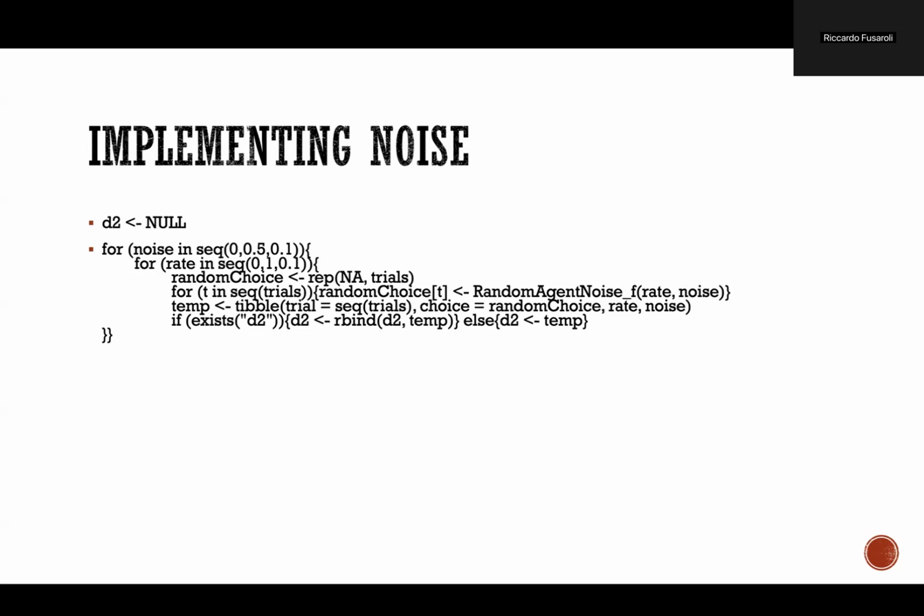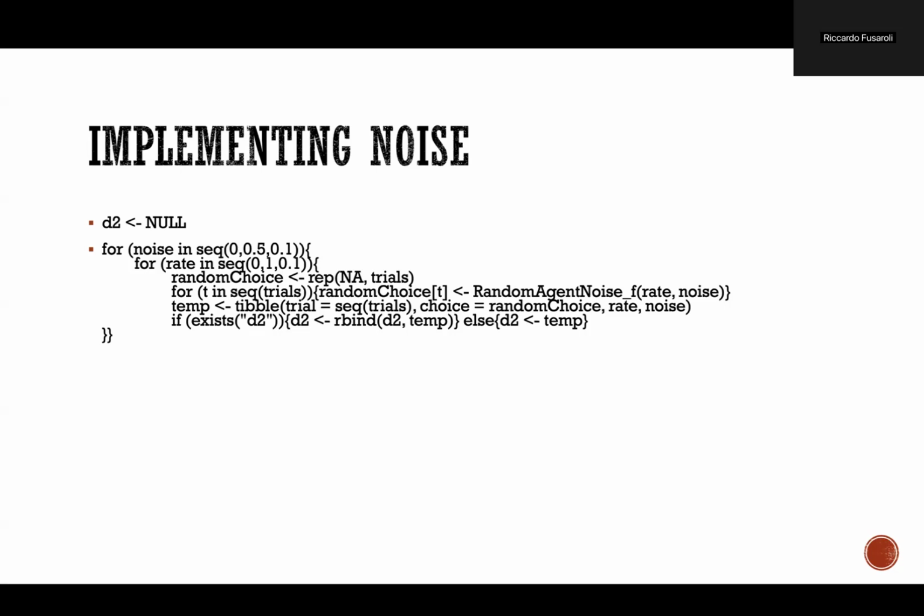It should be exactly like before. It should get up to 0.5. 50% of the trials with noise seems kind of a high threshold, right? We're really in trouble if that's the kind of experiments we have. And, well, unless you work with kids. And we go in steps of 0.1.